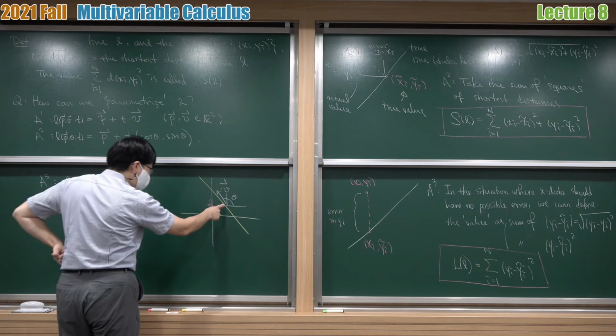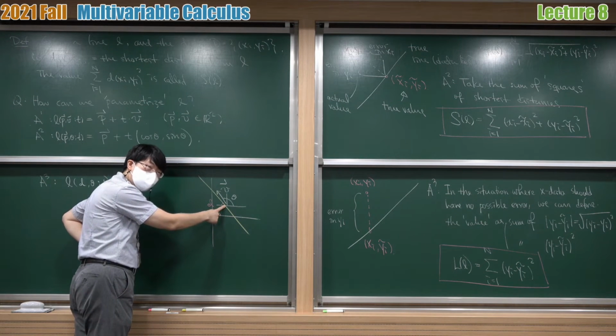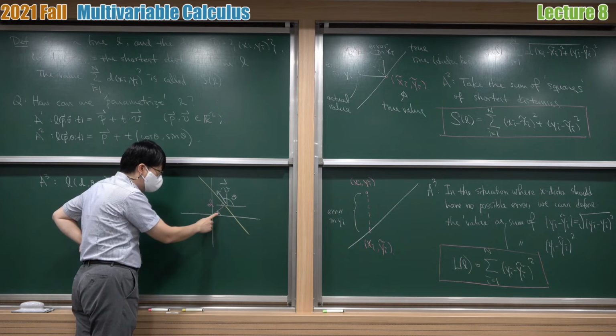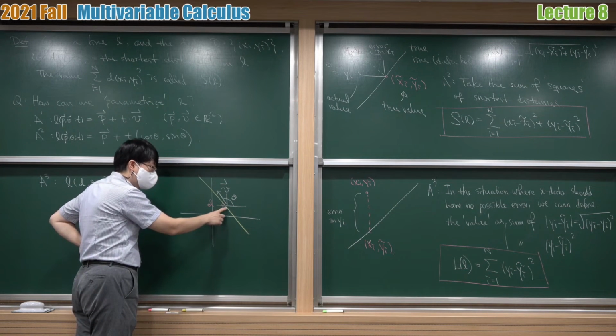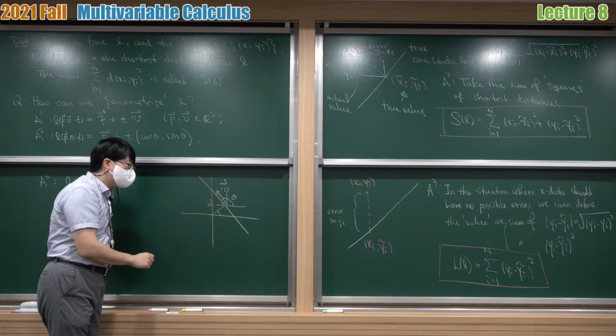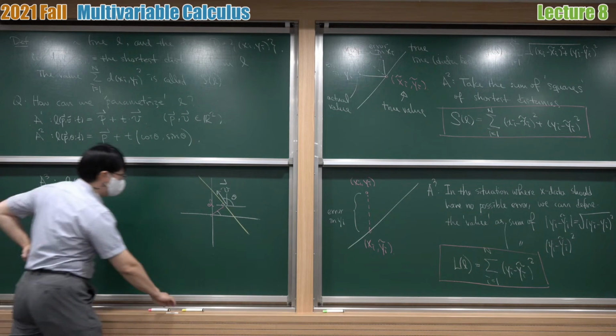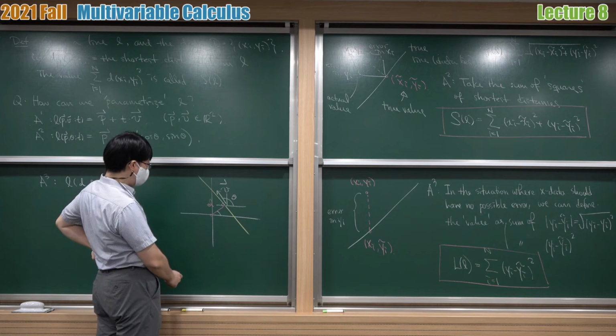So we need the point P, the distance vector P. We know the distance d, and we only need to know the angle of this distance vector. What's this angle? Theta minus pi, or pi minus theta?